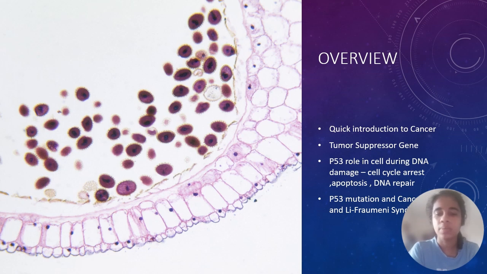We will discuss p53 primarily, because it's one of the most important tumor suppressor genes, and why it is so important: its major role in cell division, cell cycle arrest, DNA repair and apoptosis.